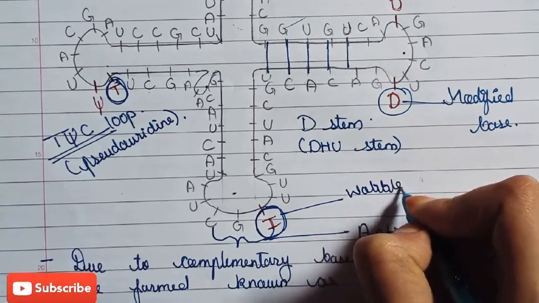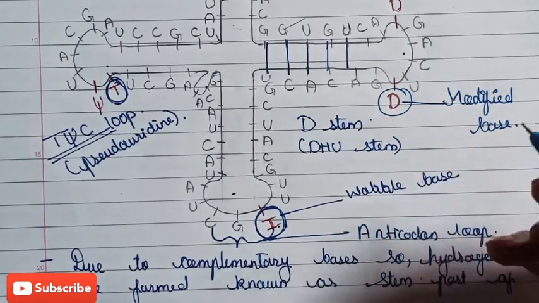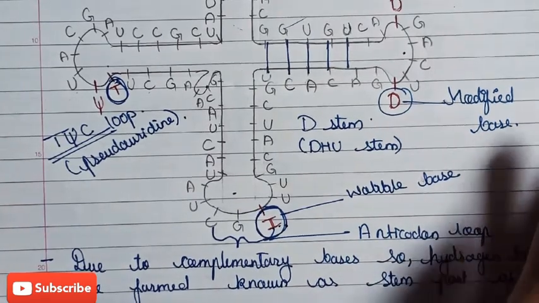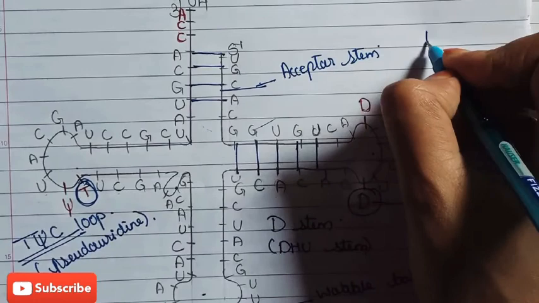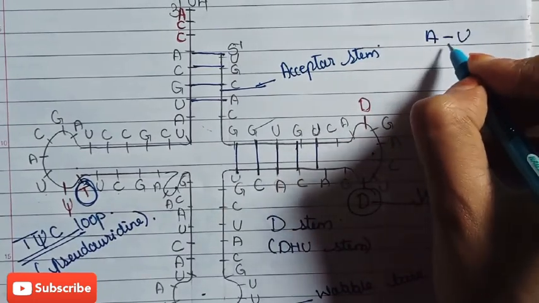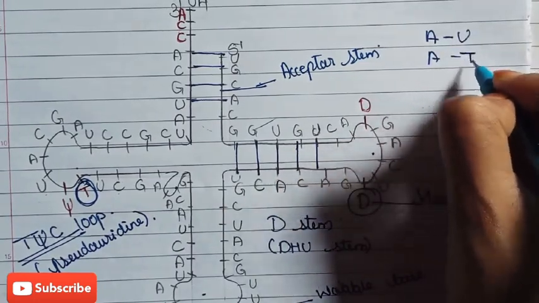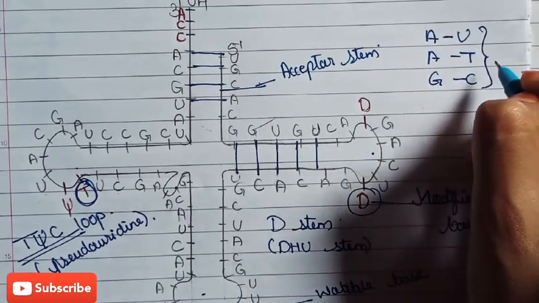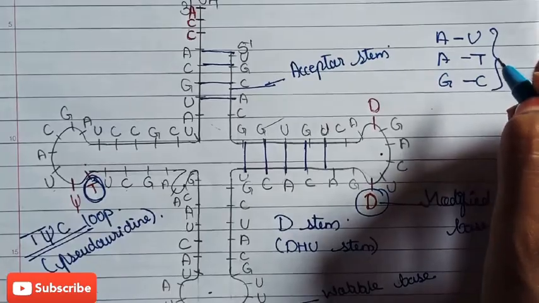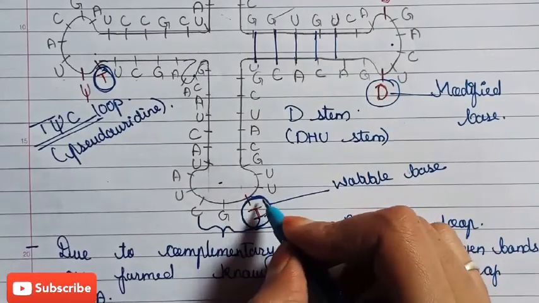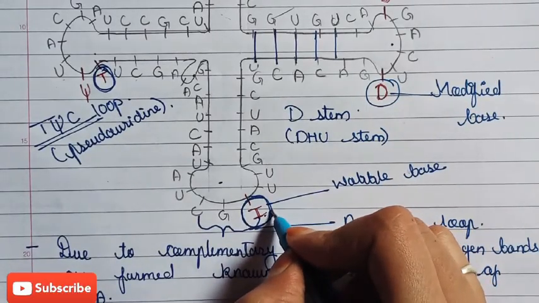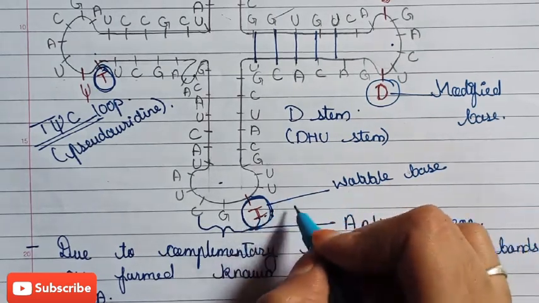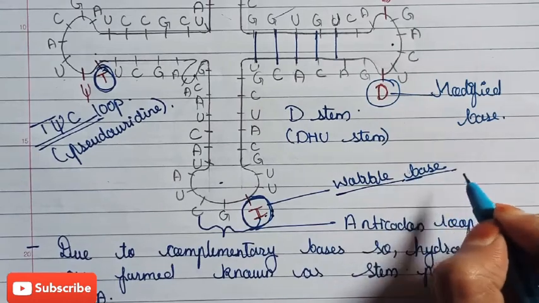As we know the Watson and Crick base pairing, adenine will pair with uracil or adenine will pair with thymine, guanine will pair with cytosine. We know this Watson and Crick base pairing rule, but at this place the base pairing is not specific. So this base is known as a Wobble base.